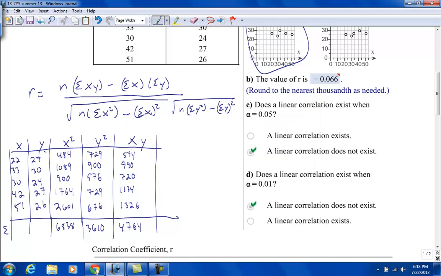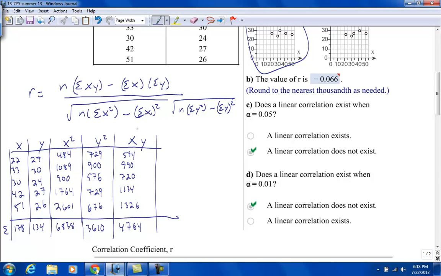Let's add up this column here for the x's: 22 plus 33 plus 30 plus 42 plus 51. That's 178. Let's add up the y's: 27 plus 30 plus 24 plus 27 plus 26. And we have 134. So here everything is summed up, and we need things summed up for putting in this formula here, the r formula.